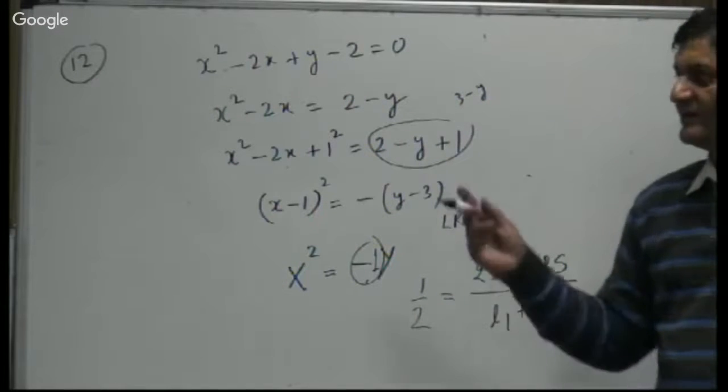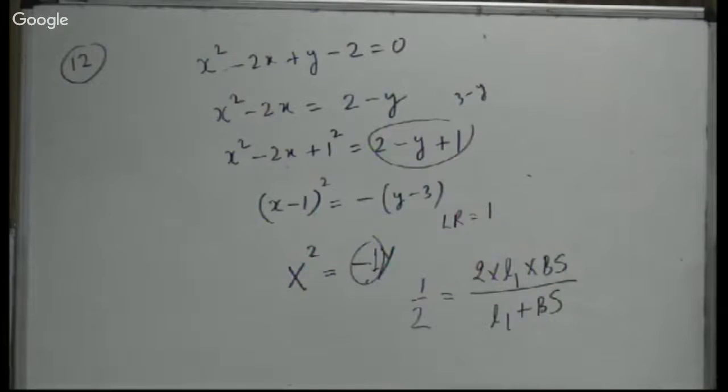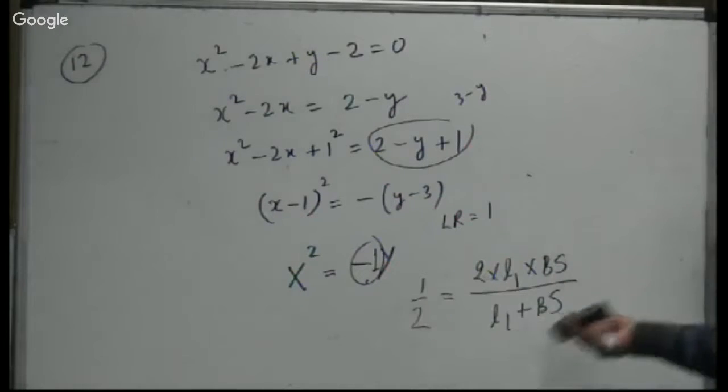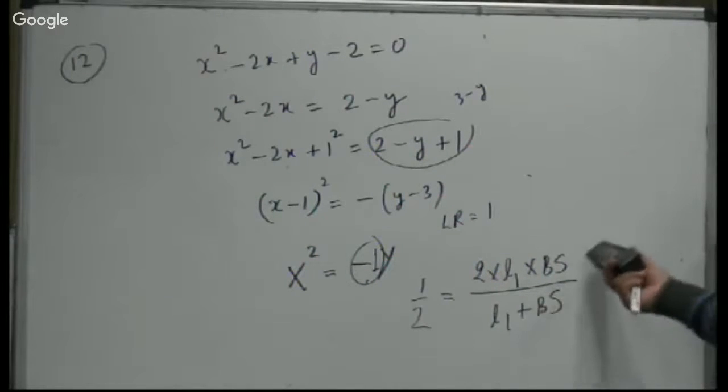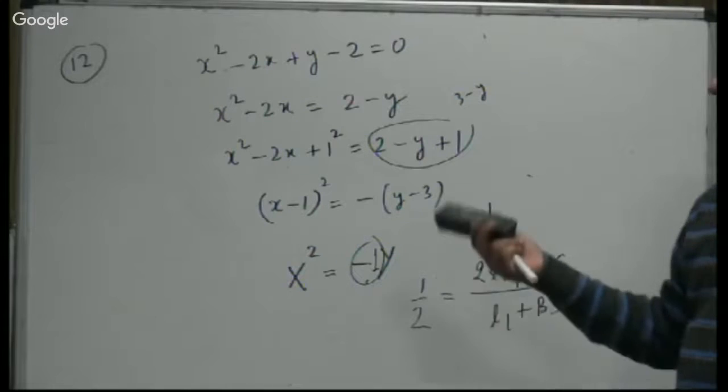So what is the final answer? I think it's the D part. You can try it out now. Just cross multiply and find value of L. Find value of BS from here. It will come in terms of L1.